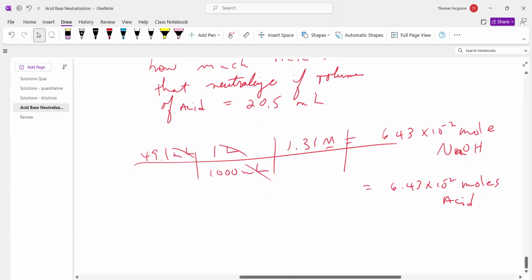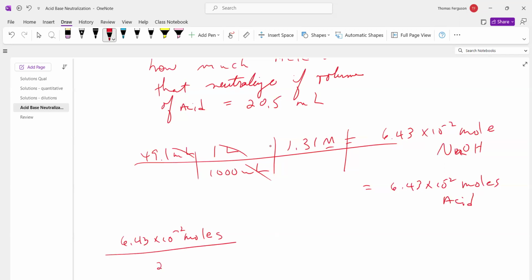We have 6.43 times 10 to the minus 2 moles of acid in 20.5 milliliters. Okay, so let's calculate what the concentration is. So first thing is we need to convert this.